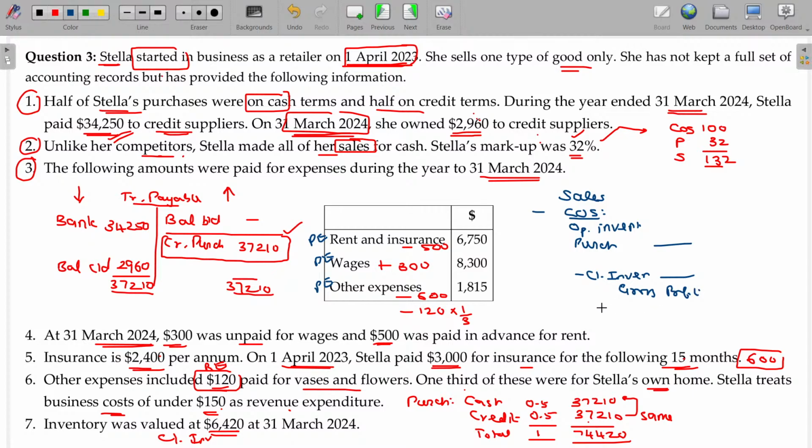From there you have to subtract profit and loss expenses, rent and insurance. How much is that? 6,750. You have to subtract 500 rupees, and insurance 600 should also be subtracted here only. Okay, you have to subtract two values here.